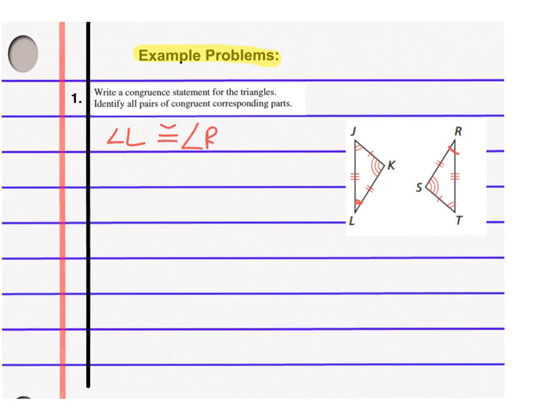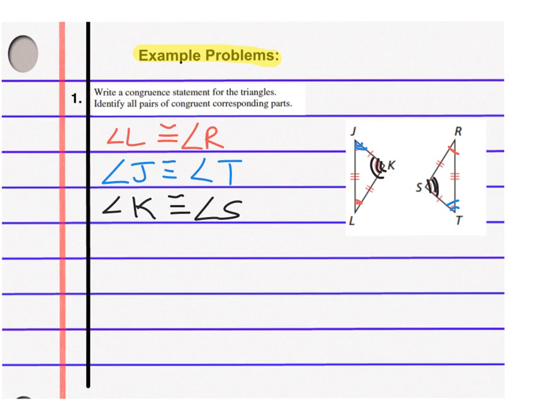They both have 1 tick mark. Angle J with 2 tick marks is congruent to angle T. And angle K with 3 lines is congruent to angle S. So that's my angles. Then I'm going to do my sides.